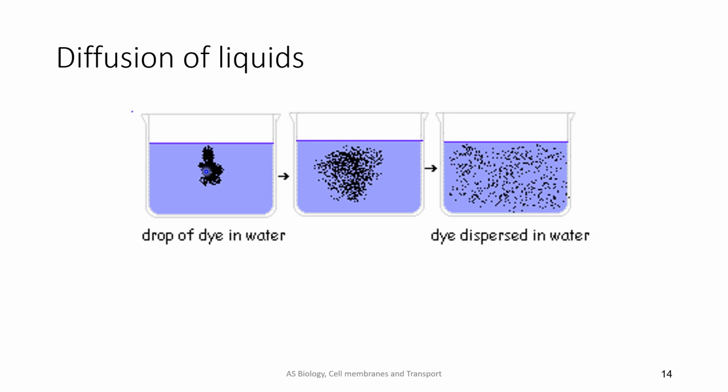So when we're talking about a cell, those molecules that go through the cell membrane do not use the cell's energy. They are small enough to slip through those phospholipids. So they use their own energy to slip through the cell. They use their own kinetic energy.